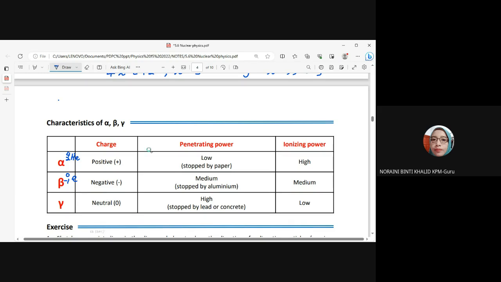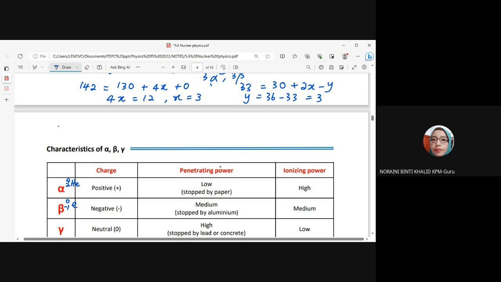Okay, we talk about penetrating power, the ability to pass through any medium. For alpha, penetrating power is the lowest. It can be stopped by a piece of paper. Let's say we have a piece of paper, a few cm of aluminium, a few cm of lead.